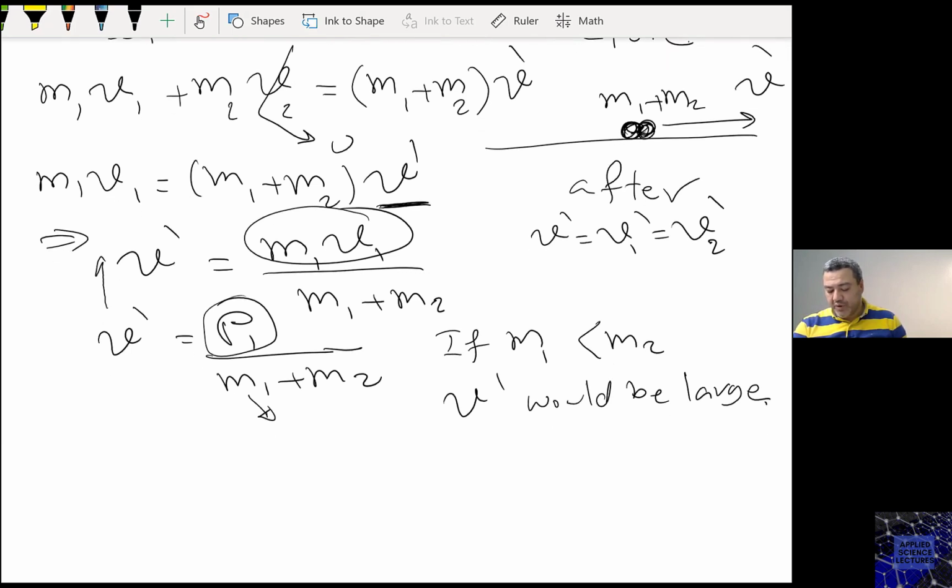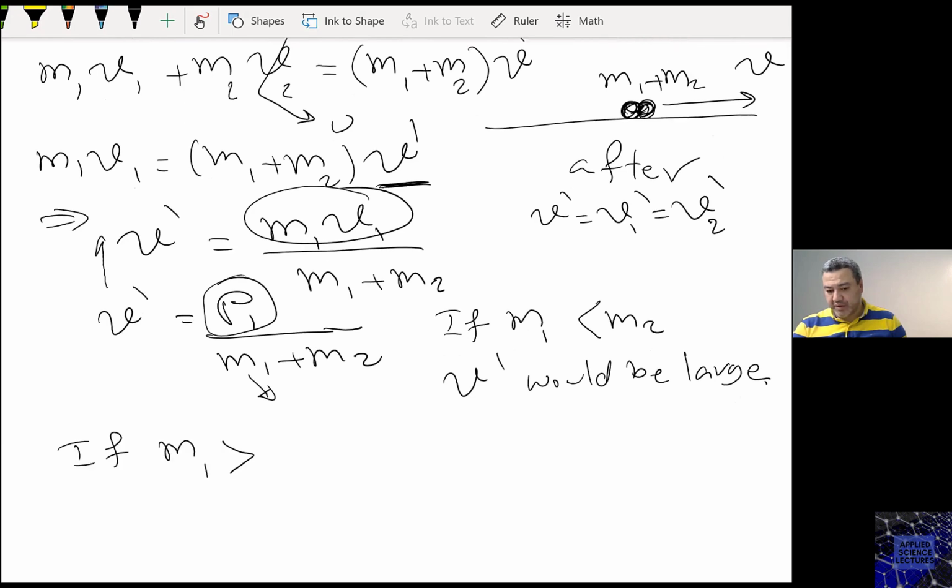If m1 is greater than m2, then v prime will be small.